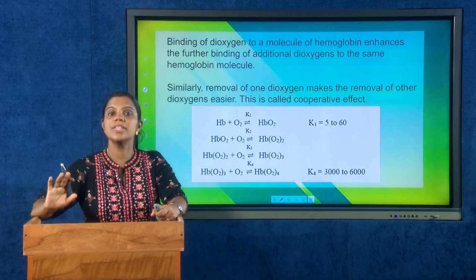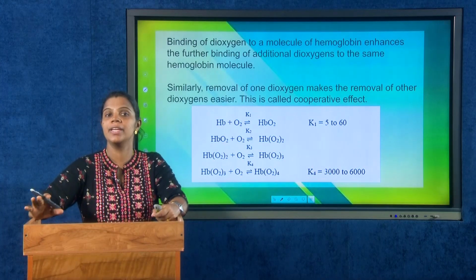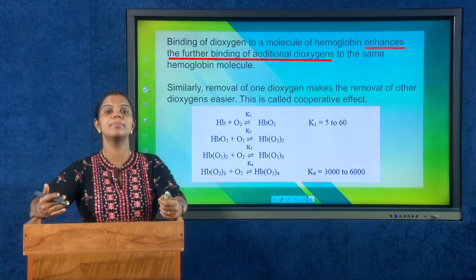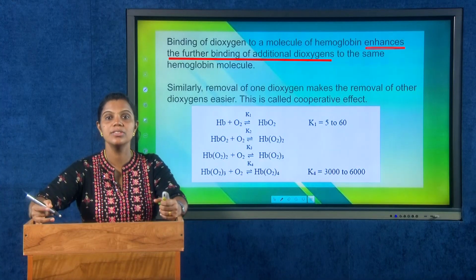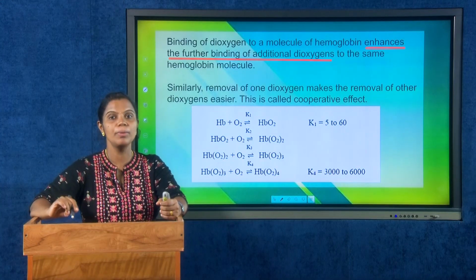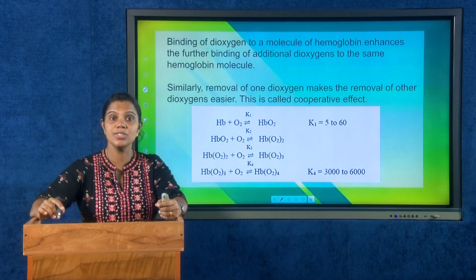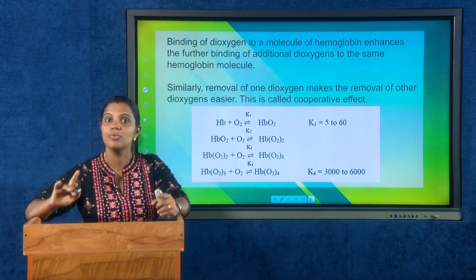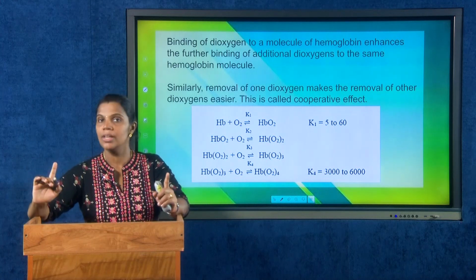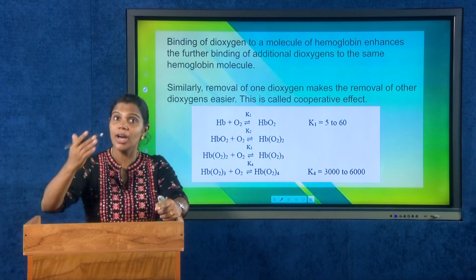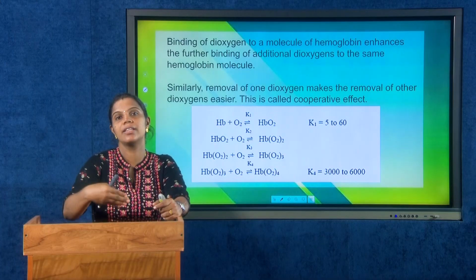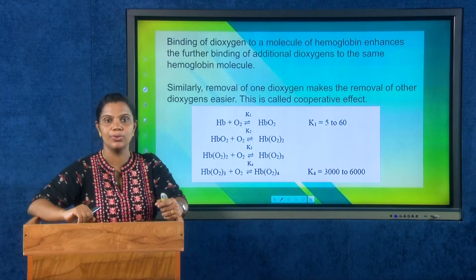So, binding of a dioxygen molecule to hemoglobin enhances the further binding of additional dioxygen to the same hemoglobin molecule. This effect is known as cooperativity, that is, the binding of one dioxygen molecule to hemoglobin will further enhance the capacity to bind further oxygen molecules.